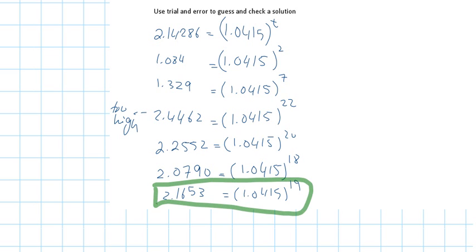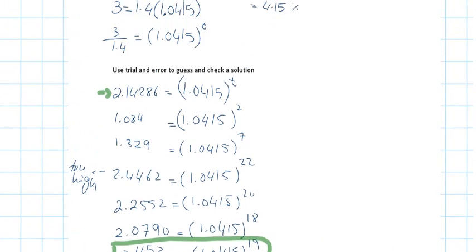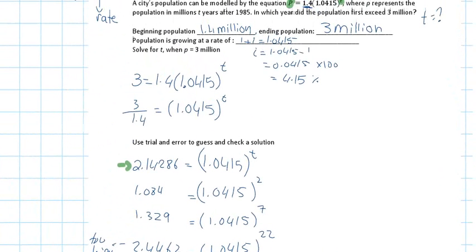Why? Because it's 2.14. That's what my answer should be. I got 2.079 if I put 18, and I got 2.1653 if I put 19. So it's somewhere between 18 and 19 years. We're going to go back here. The question is, in which year did the population first exceed 3 million?